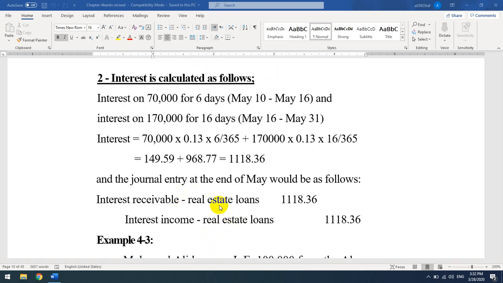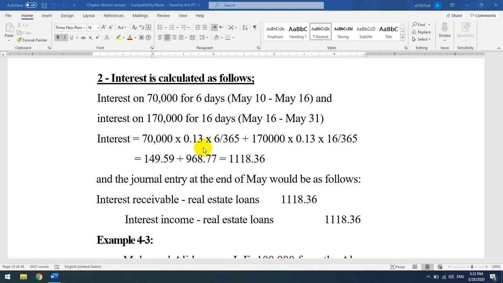It's going to be recorded this way: interest receivable, real estate loans, debit; interest income, real estate loan, credit. This is an accrual journal entry. When we receive the interest, it's going to be cash debit and interest receivable credit, to be closed, as you know before.